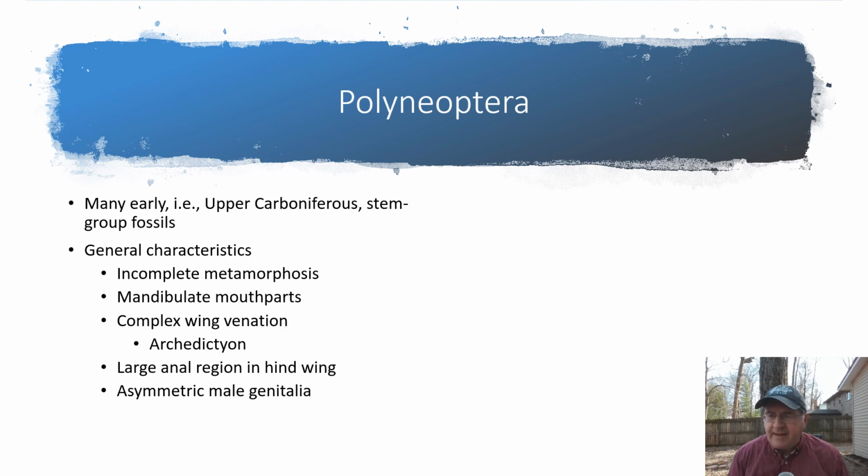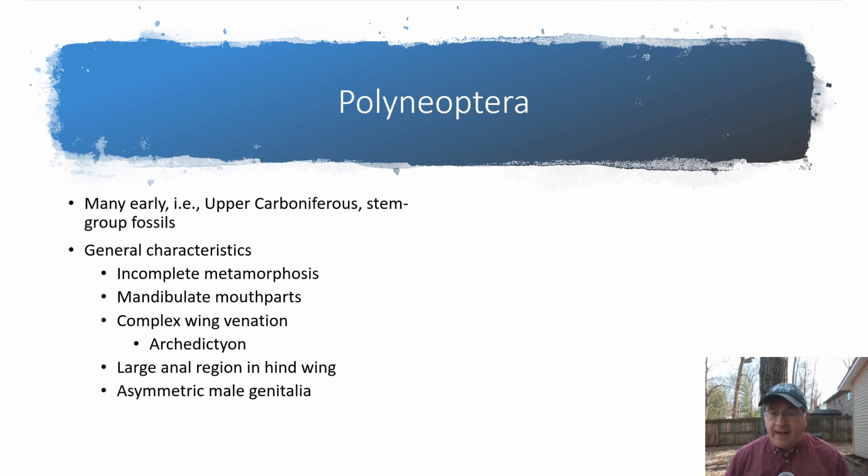In addition to that, there's typically a lot of branching of those major longitudinal veins combined with cross veins that give the wings a very net-like appearance. That net-like venational pattern is known as an archidictyon.